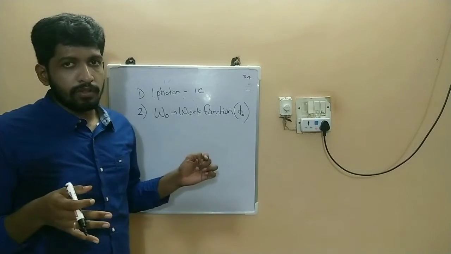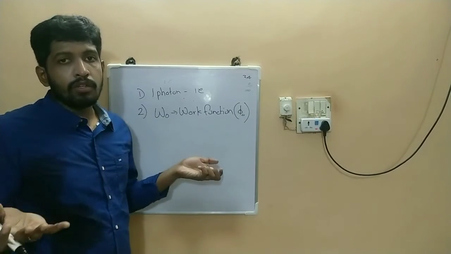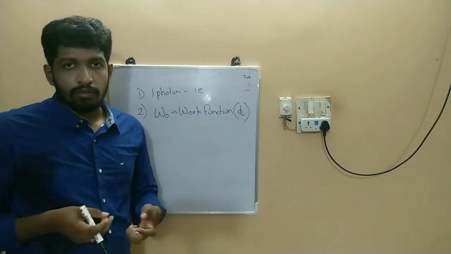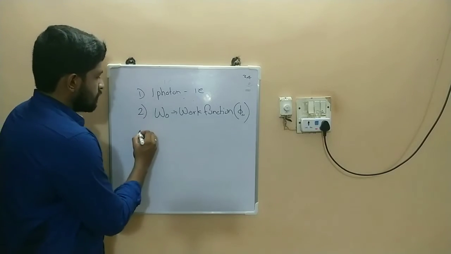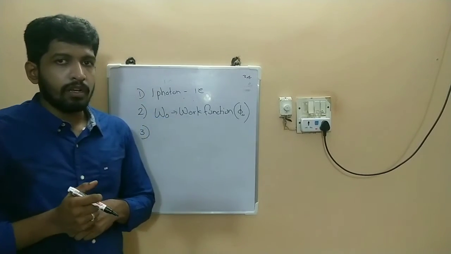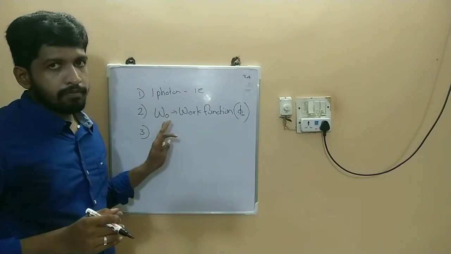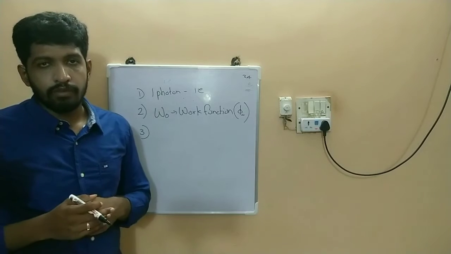Photons which possess an energy less than the work function cannot eject electrons from the metal surface. The third condition is that if the photon possesses enough energy for the work function, the electrons get ejected.